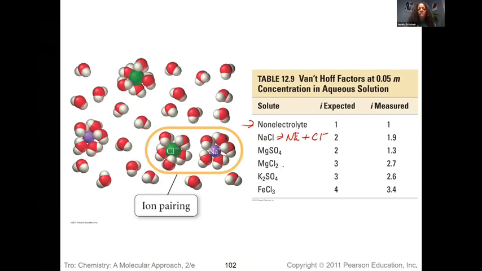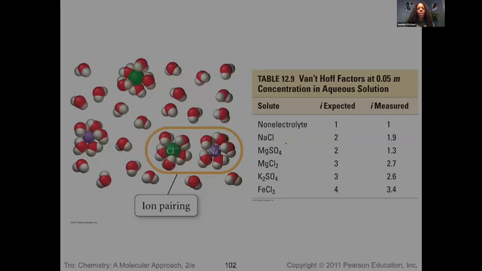For something like magnesium chloride, I get a magnesium ion with a 2+ charge, and I get chloride ions, but I have 2 of them. So my i factor would be 1 plus 2, which gives me a value of 3. So for ionic compounds, we have to add that i factor into these calculations for boiling point and freezing point depression.